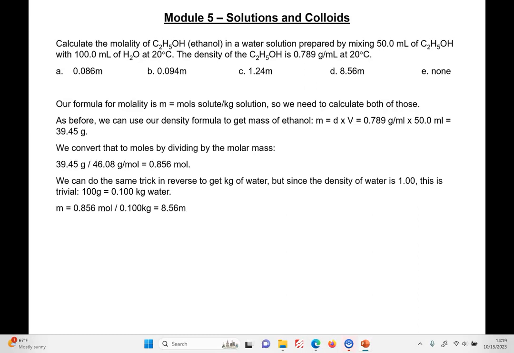And so we can now calculate molality using our lowercase m, 0.856 moles divided by our 0.100 kilogram, and that gives us a molality of 8.56. Again, we use the lowercase m to denote molality, the uppercase m for molarity. So our answer in this case is number C.